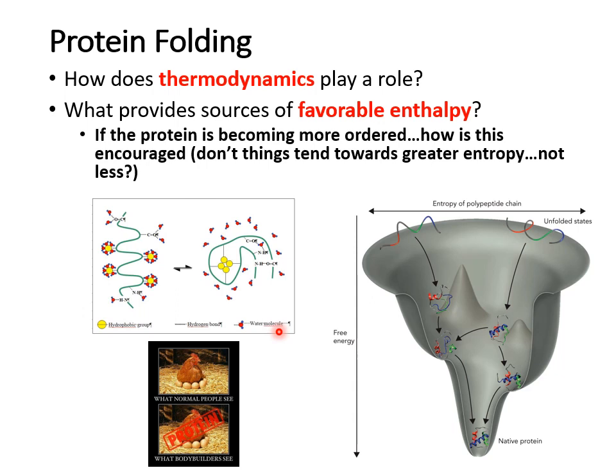Now, when we talk about the folded and unfolded protein, there are a lot of different things that can basically help provide a favorable enthalpy and a favorable kind of reaction of folding. Some of these include hydrogen bonds, the hydrophobic interactions, ionic interactions, or even van der Waals that we talked about.